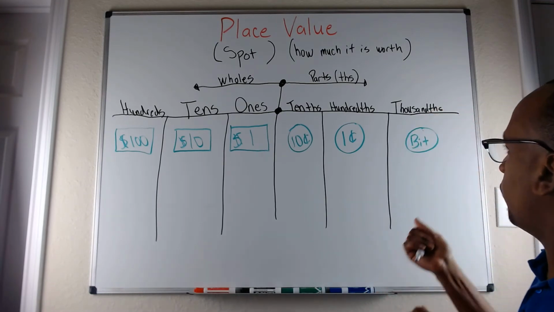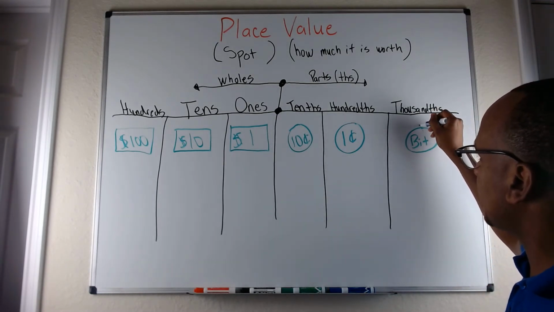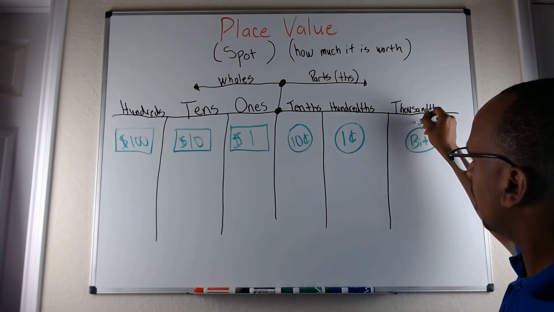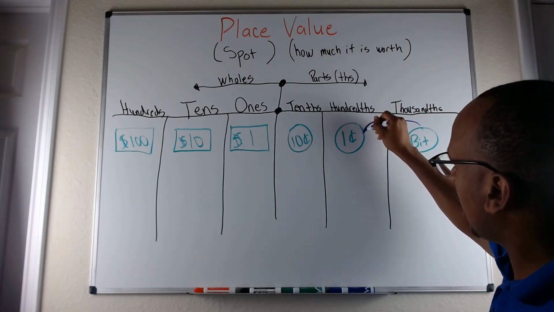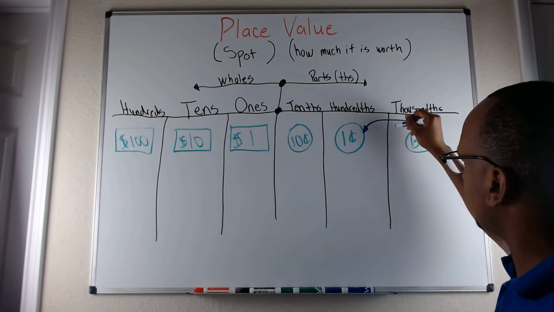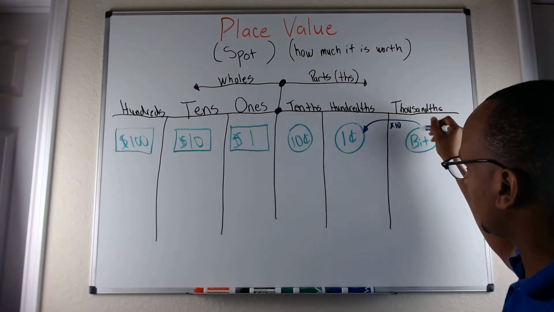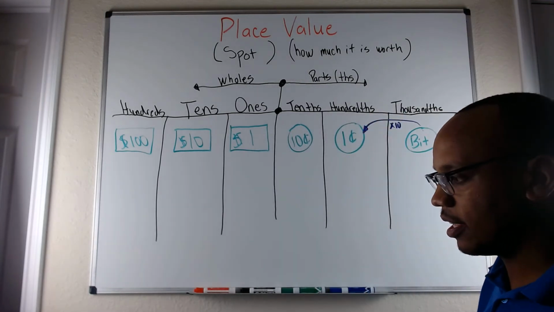All right? So what that means is if I get 10 bits together, I can trade it in for a penny. So bits times 10 will equal a penny.